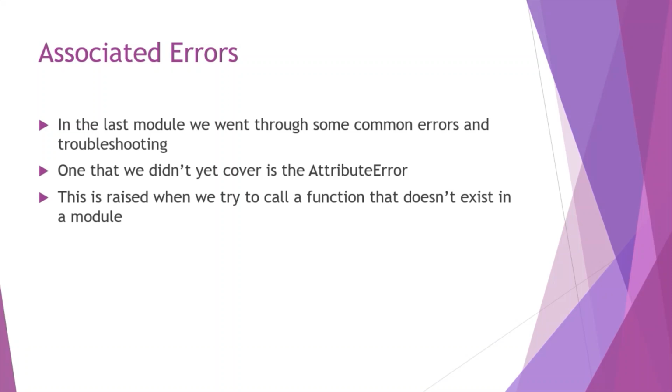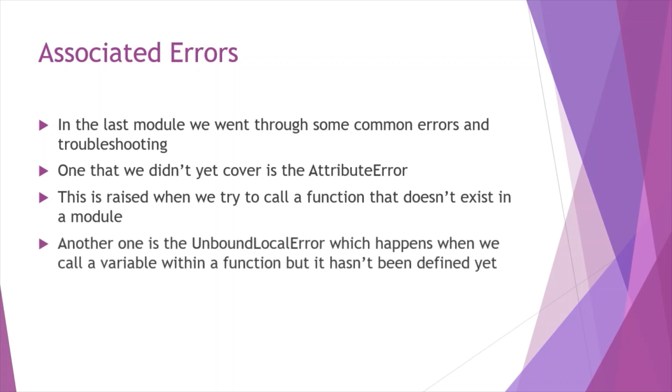It doesn't actually make much sense. It should be a more common name, but just remember that it raises an attribute error and you will be fine. Another one is the unbound local error, which happens when we call a variable within a function but we haven't actually defined it or brought it in from elsewhere.